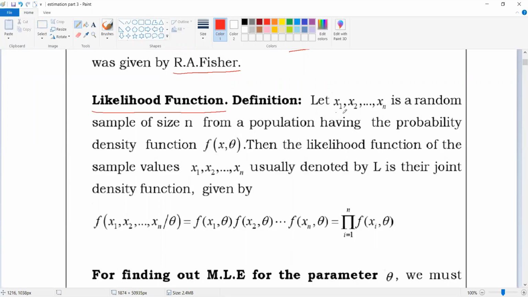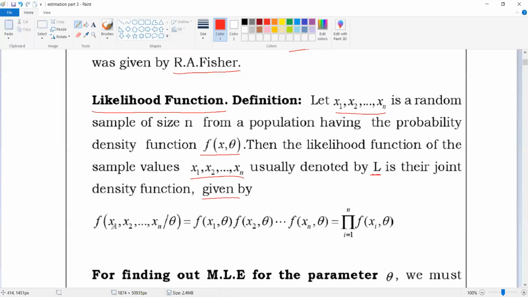Let x1, x2, ..., xn be a random sample drawn from a population that has probability density function f(x, theta). Then the likelihood function of the sample values x1, x2, ..., xn, usually denoted by capital L, is their joint PDF.